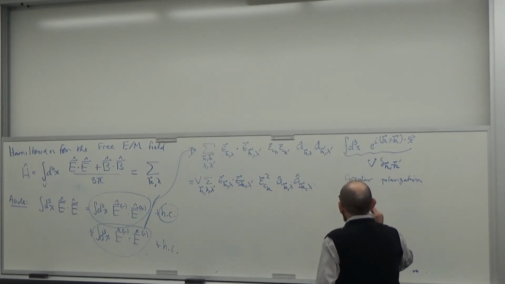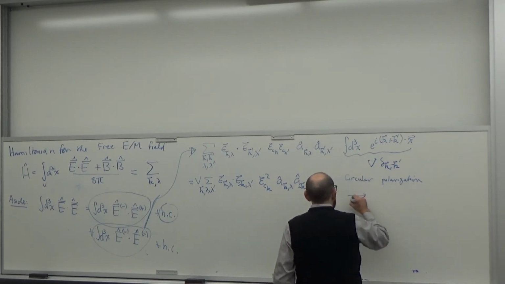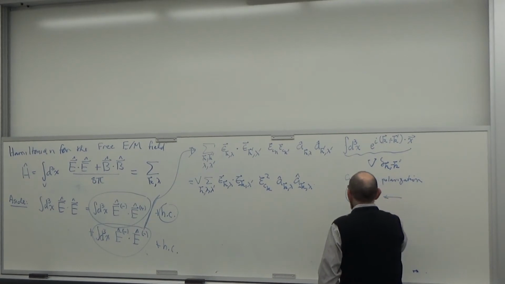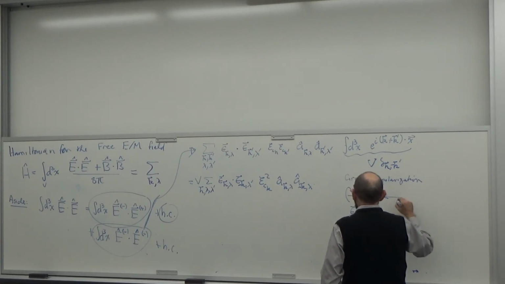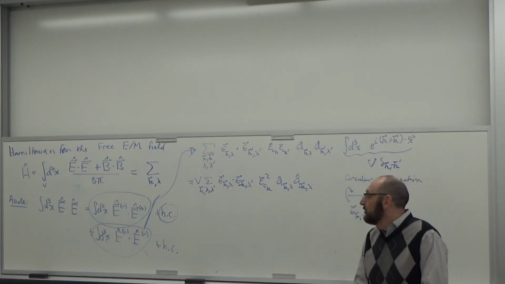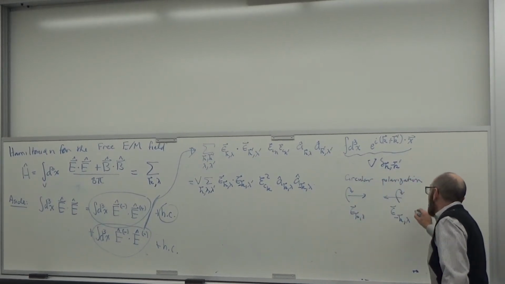So for circular polarization, if I have E with a certain k and lambda, and I look at what that is with minus k, what can you say about that?